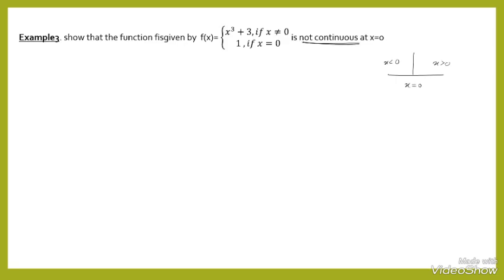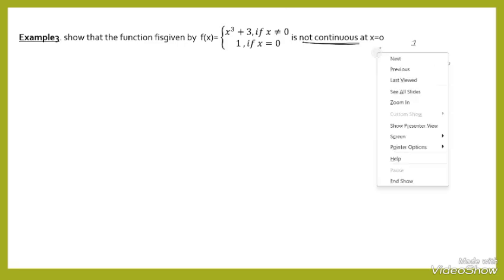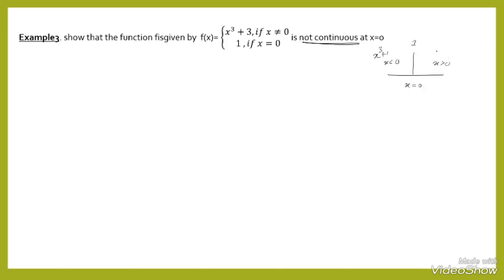At x is equal to 0 the function f of x is 1. At x less than 0 and greater than 0, that is x not equal to 0, the function is x cube plus 3.